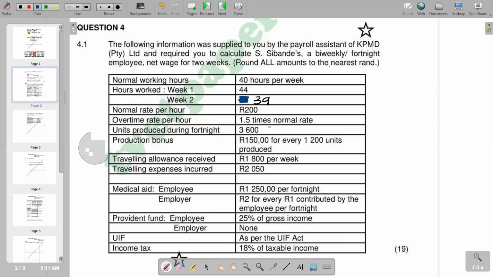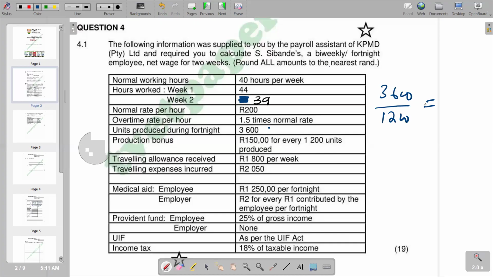And we know that units produced for the fortnight is 3,600. It means out of 3,600, every 1,200 units are paid 150 rands. So we need to find how many 1,200 units are inside 3,600.